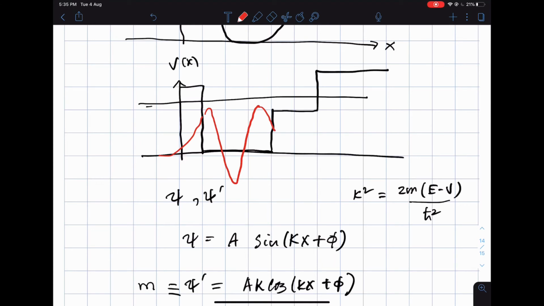Once it gets to the smaller kinetic energy region, the amplitude will be bigger, and the sinusoid will have a longer wavelength. So it'll be something like this. This is how we can qualitatively figure out what the wave function is for a potential which has several steps.